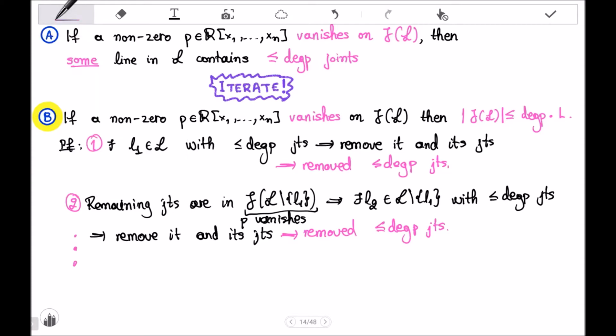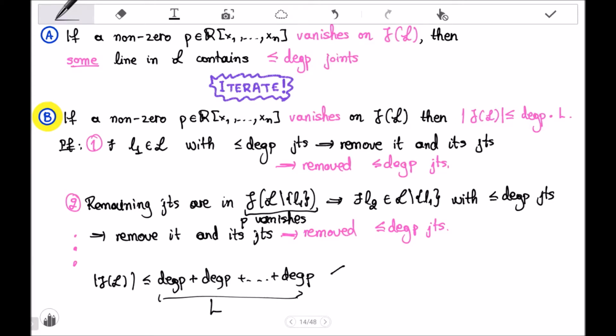So the joints in total, because they are all being removed through all these steps, are at most the joints we removed in the first step, plus the joints we removed in the second step, plus the joints we removed in the final step. Each step came from removing one line, so the steps are as many as the number of lines. And the joints are at most the number of lines, the number of steps, times the joints we removed in every step.